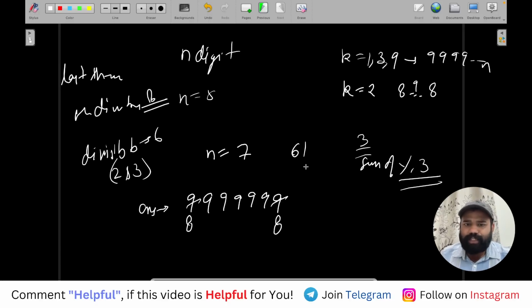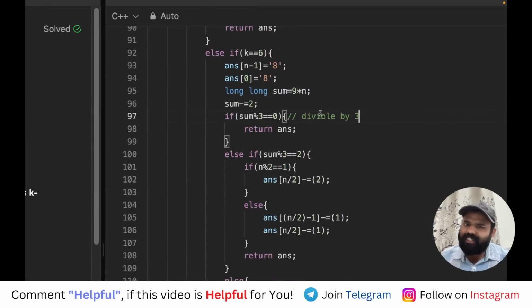Okay, here you can see the sum is 61. So it is not divisible by 3. So if it is not divisible by 3, what we can do? We have to actually decrease more so that it is divisible by 3. Okay, तो अगर already divisible by 3 है तो फिर कोई दिक्कत नहीं है. Then simply return it.